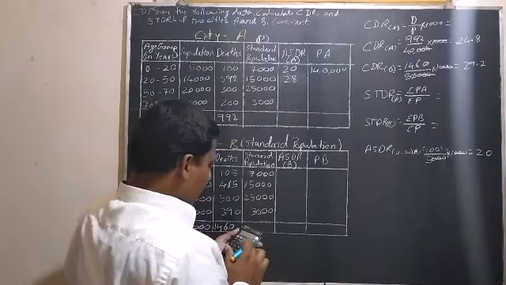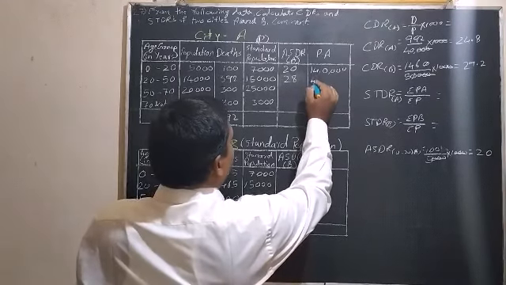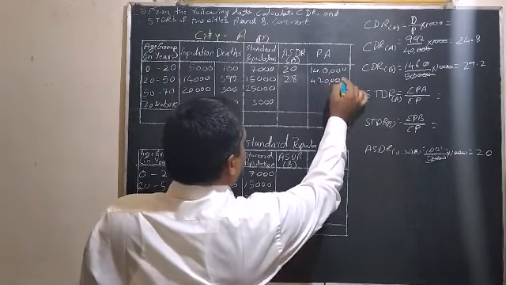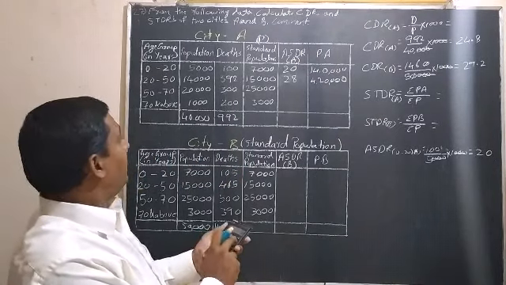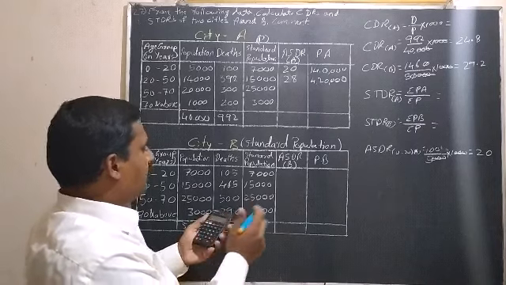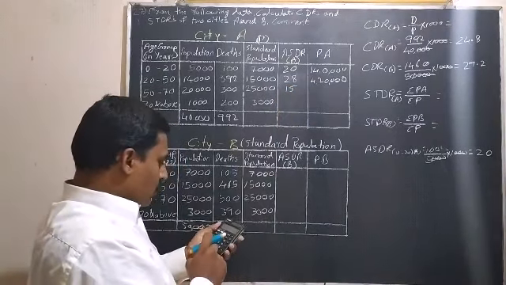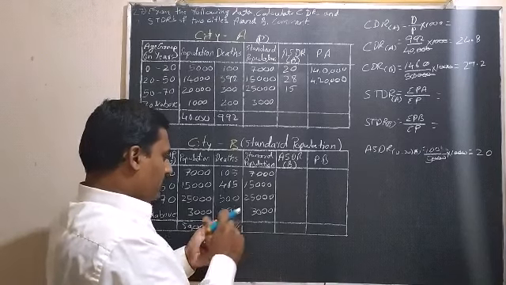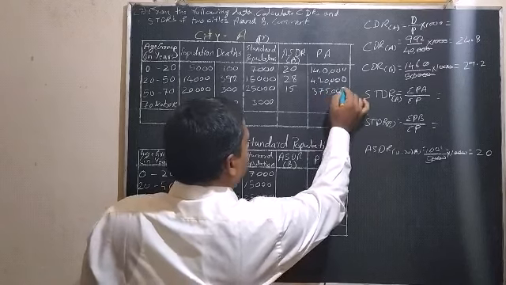So 28 into 15,000 is equal to 4,20,000. Then next comes 300 divided by 20,000 into 1000 is equal to 15. And 15 into 25,000 is equal to 3,75,000.